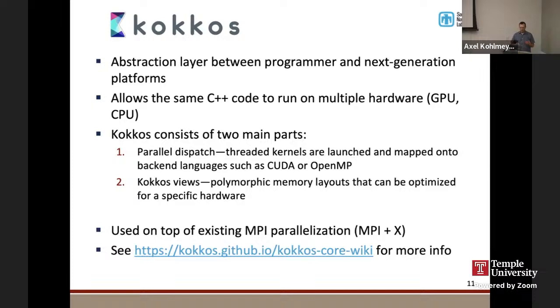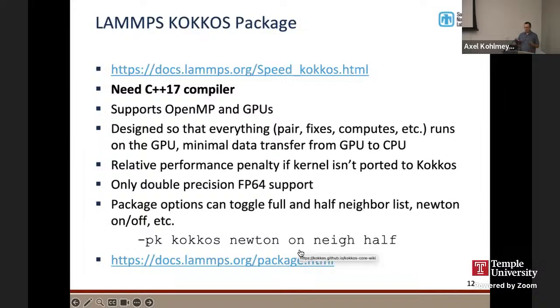And then the other part of Kokkos are Kokkos views. These are multi-dimensional arrays that can be optimized for a specific hardware at compile time. Kokkos is used on top of MPI. It's open source. You can see the Kokkos documentation for more information. So we've taken this Kokkos library and we've implemented it into LAMMPS.